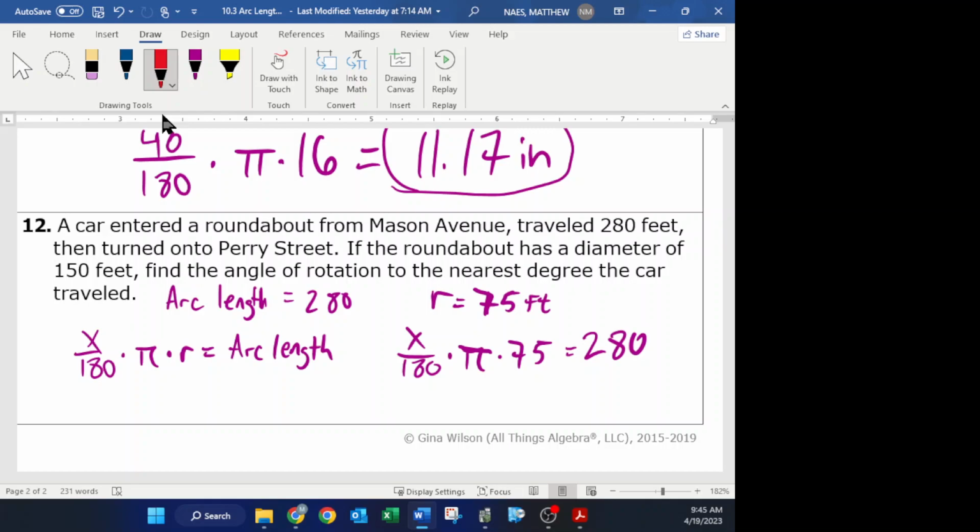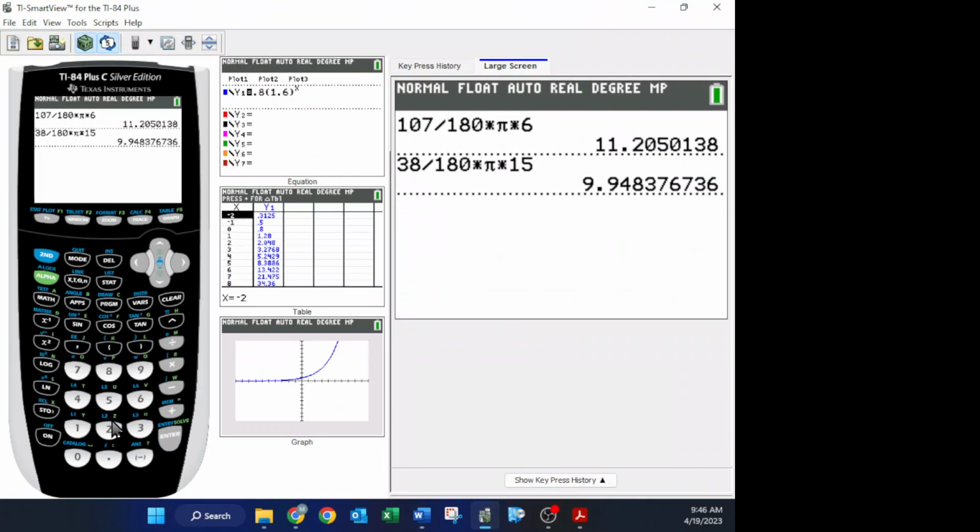So the first thing you want to do is get rid of the pi and the 75. So divide both sides by pi and 75, or 75 pi. Now when you put this in a calculator, 280 divided by 75 pi, this would be putting it in incorrectly. Because if you do that, you're going to get 11 point something, which is wrong.